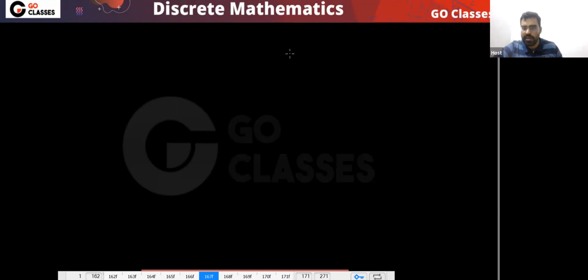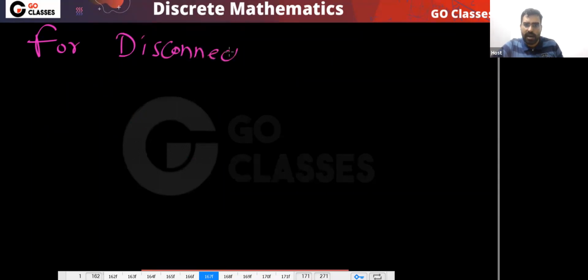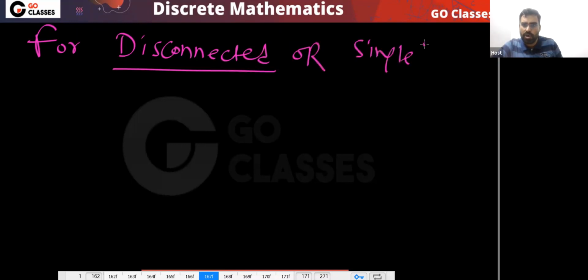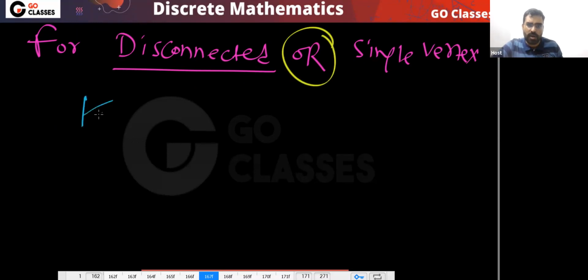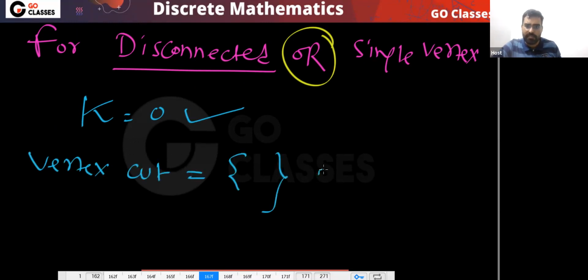For a disconnected graph, or a single vertex, kappa is 0 and the vertex cut will be empty.